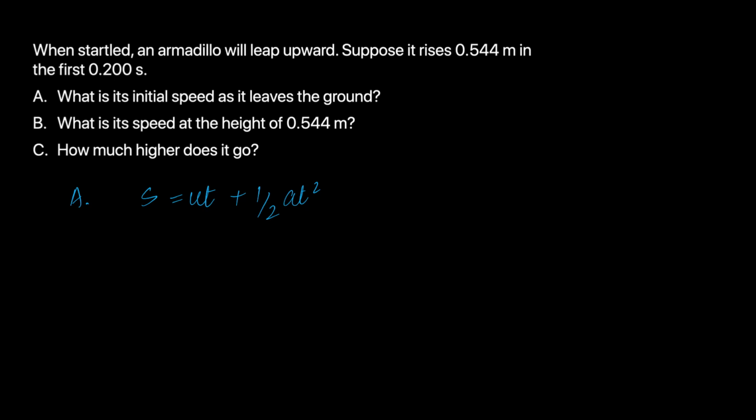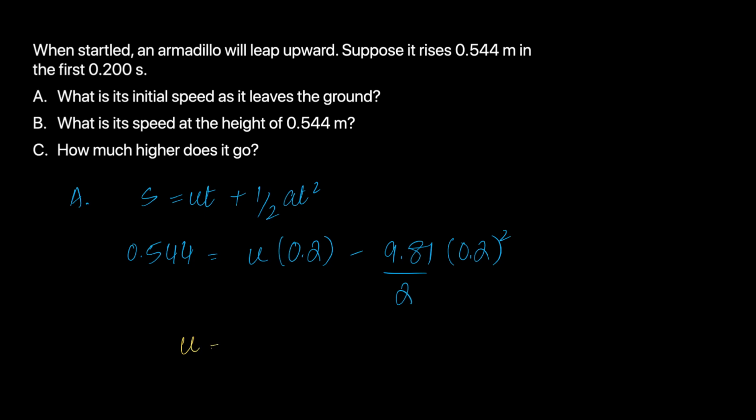And so it travels 0.544 meters, and we don't know the velocity, but we know it does that in 0.2 seconds and is undergoing constant deceleration of 9.81 in that time. So the initial velocity u comes out to be 3.7 meters per second.